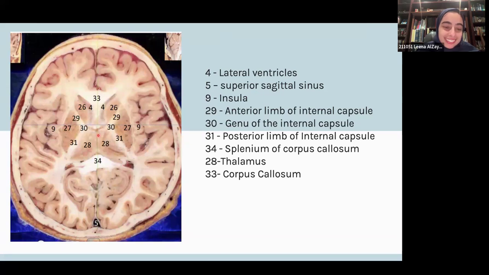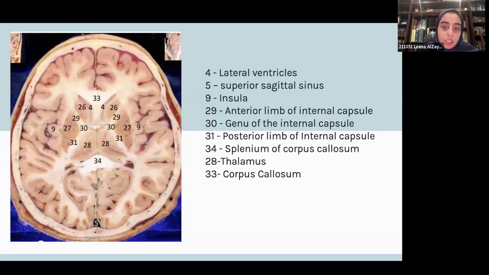No? Okay. So this is the internal capsule, these two flaps actually. Number 28 is the thalamus. This is the thalamus, and this is the thalamus. There are two thalami. Okay, this is the lateral ventricle.